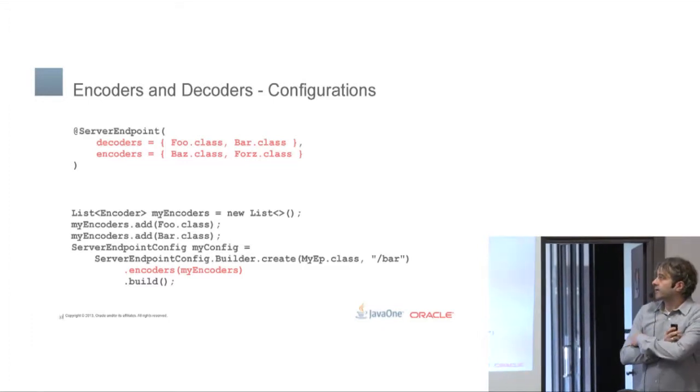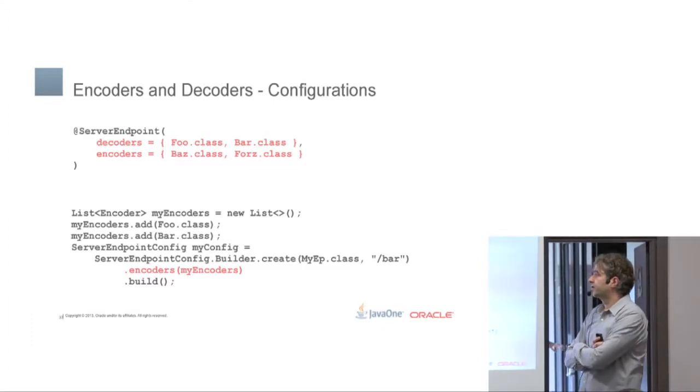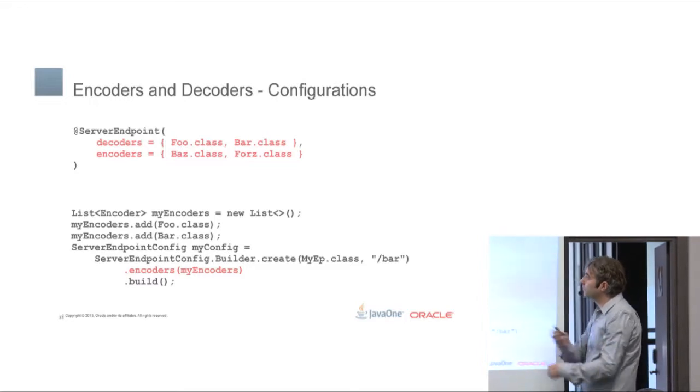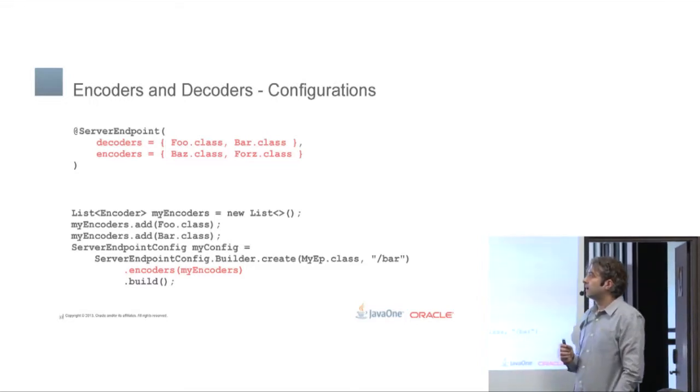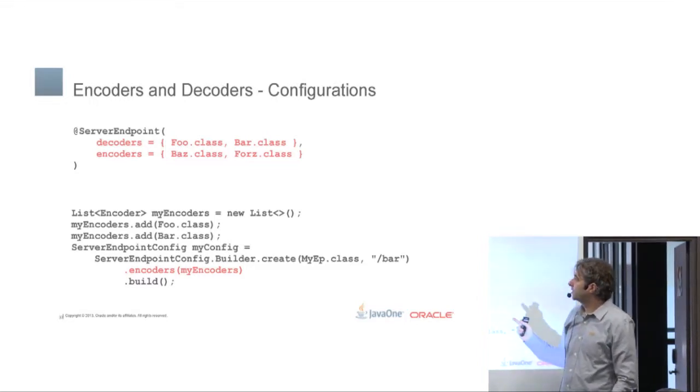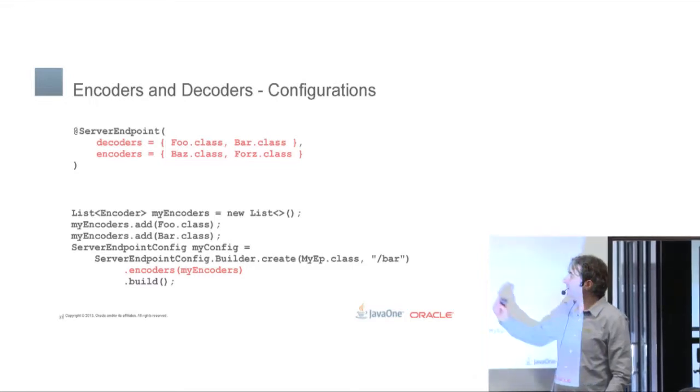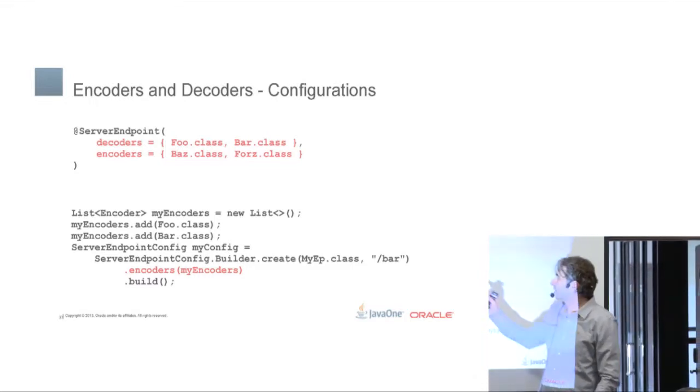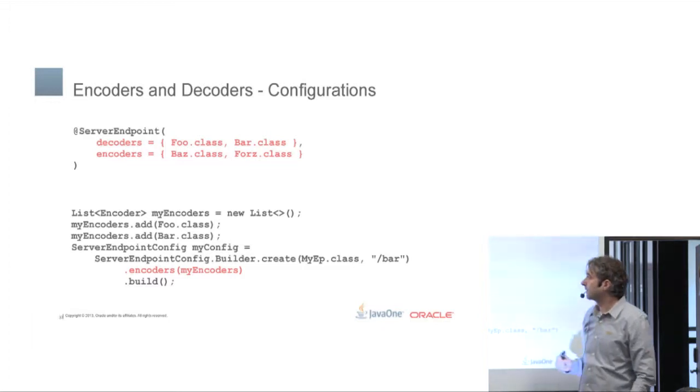So encoders and decoders, how you configure them. At the top of the slide, I've defined two decoders, the Foo class and the Bar class, and two encoders, the Baz class and the Qux class.